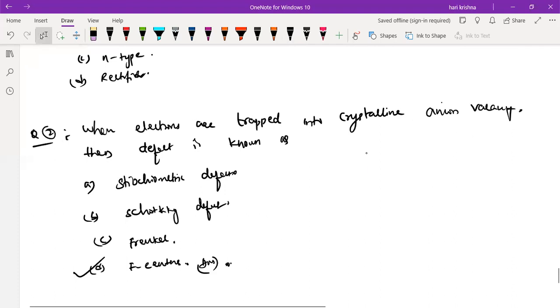F-centers are formed when the anion goes to the surface of the solid, and the electrons occupy the anionic site in the crystal. Whenever electrons occupy the anionic site to maintain electrical neutrality, the center is called an F-center, which gives color to the crystalline solids. Okay.